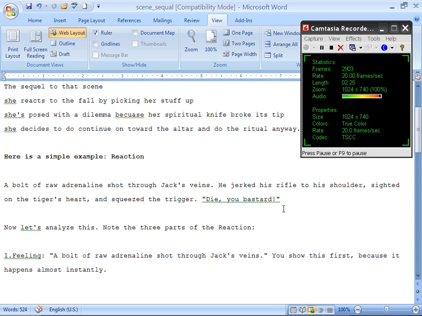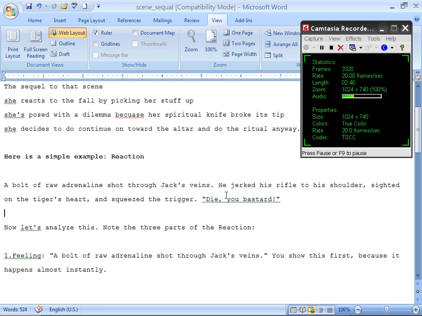This comes naturally to people, because obviously you have to put the rifle to your shoulder. You wouldn't write that he sights the tiger's heart and then puts it to his shoulder. That doesn't make sense. And you wouldn't write that he squeezed the trigger before he pulls the rifle to his shoulder, unless he did that by accident. So it's easy for writers to do the action parts.